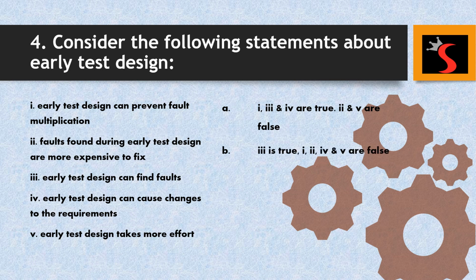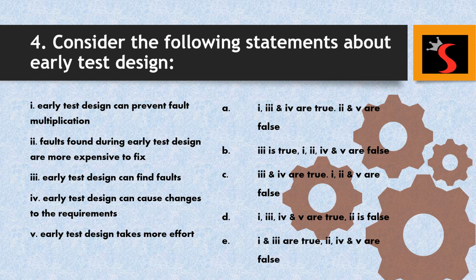B. 3 is true. 1, 2, 4 and 5 are false. C. 3 and 4 are true. 1, 2 and 5 are false. D. 1, 3, 4 and 5 are true. Second is false. And the last is 1 and 3 are true. 2, 4 and 5 are false.